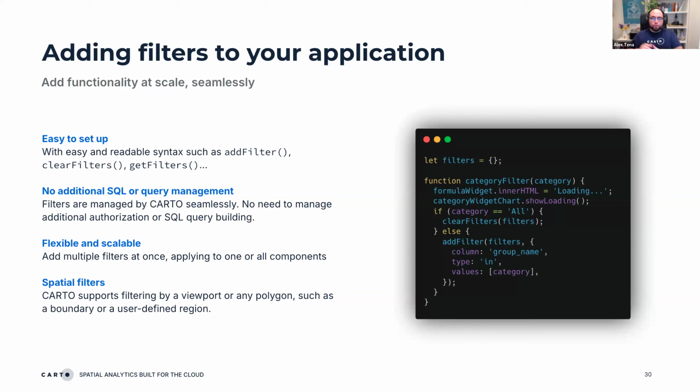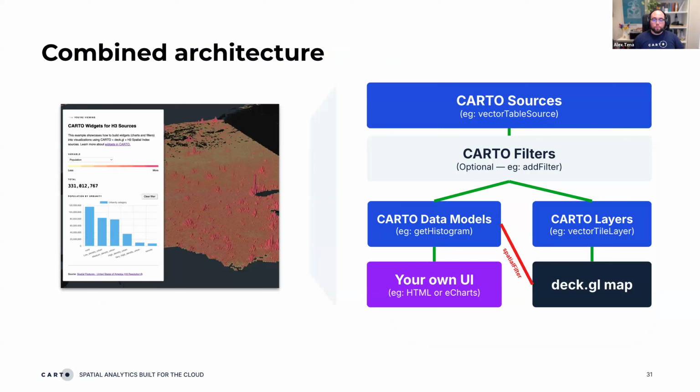I'll show you in a minute, but you have things such as adding filters, clearing all the filters. You can add multiple filters at once. You can apply them to everything in your application, or some things only. And as you saw, we can also add filtering by a viewport or filtering by a bounding box. So if we want to filter the state of Texas, we can absolutely do it with this tool.